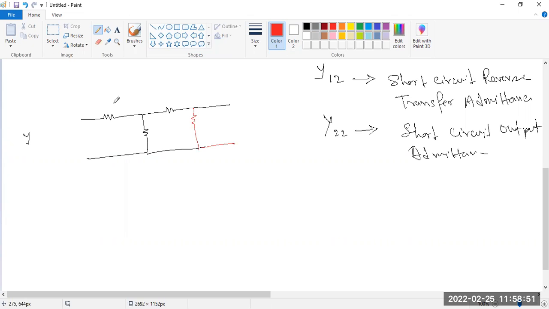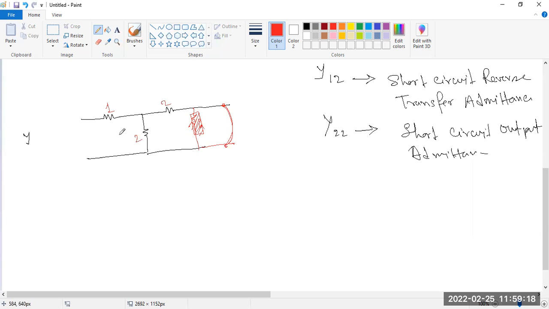Here this is the 1 ohm, this is the 2 ohm resistance, and this is the 2 ohm resistance. This is the 4 ohm resistance. Whenever this terminal is short circuited, then this 4 ohm resistor will be silent.